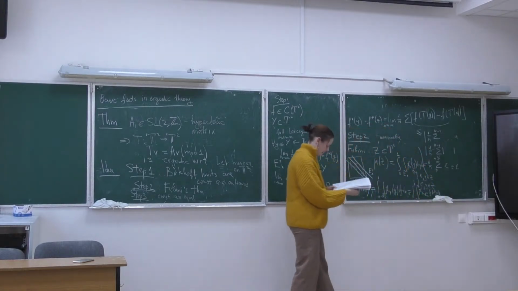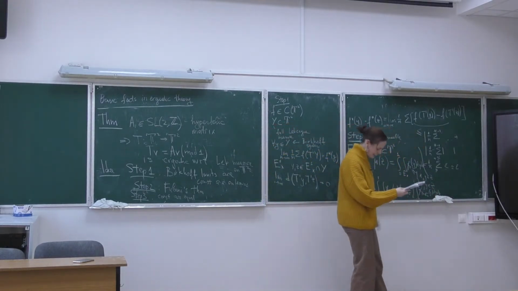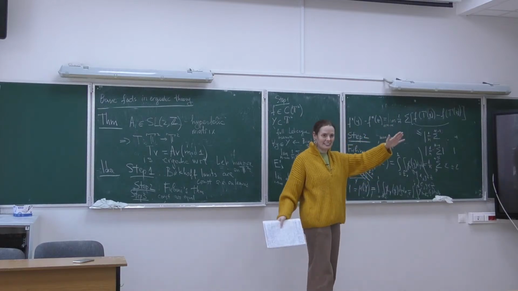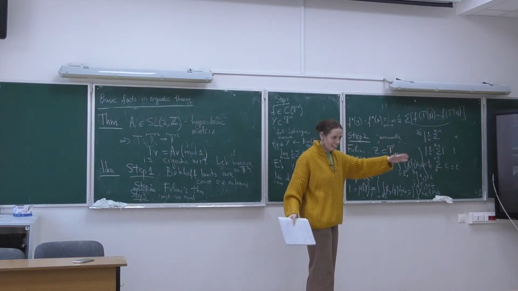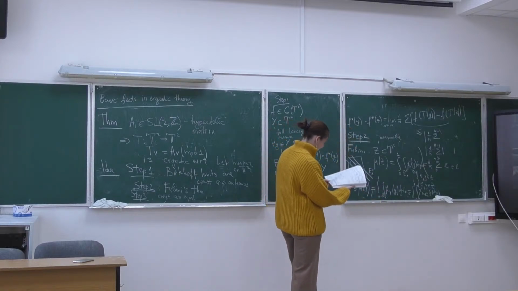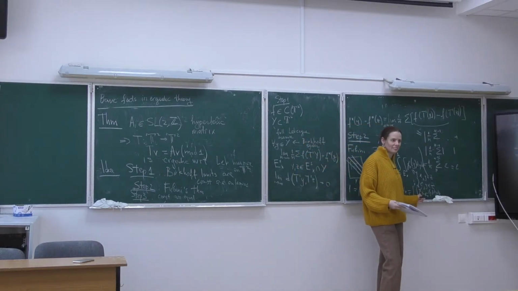The inner integral, what is it? It's the measure of this intersection along the leaf E^s(x), right? So it is non-negative and it's bounded by 1. This is an indicator function, right?